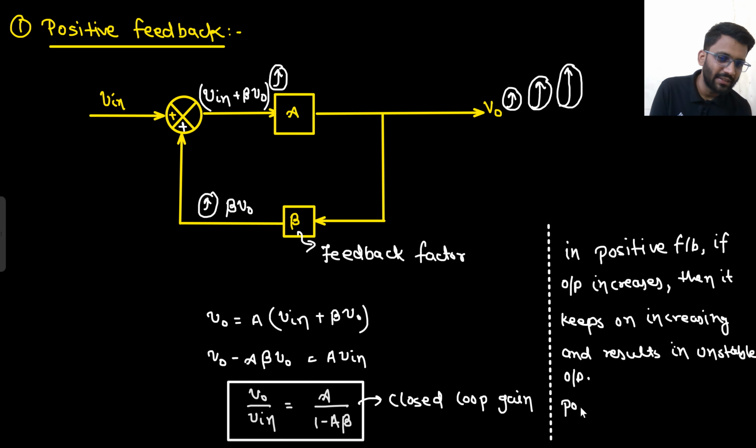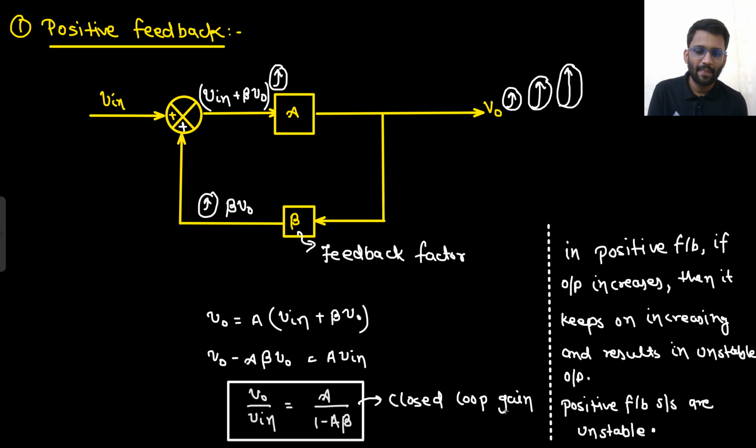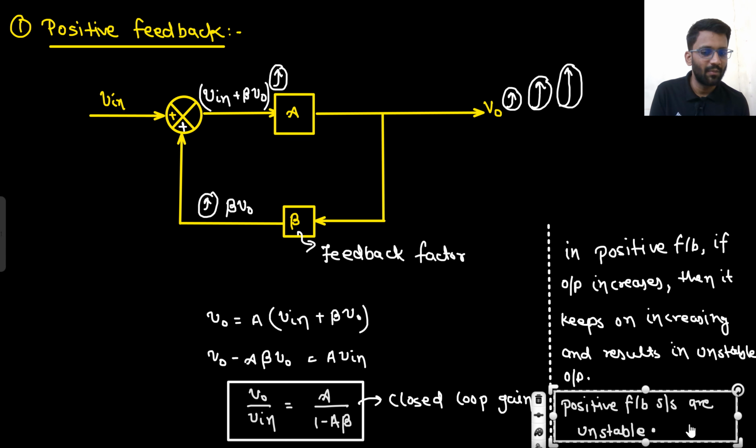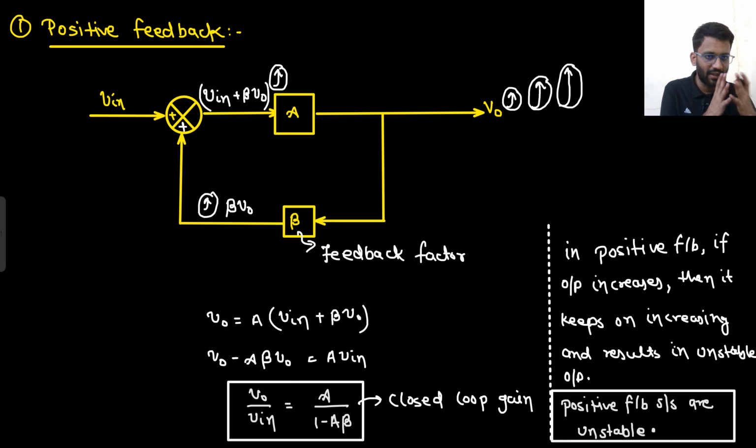So positive feedback systems are unstable. You will study feedback more deeply in control systems. When you study control systems, you will study more about that. But whatever is required for analog electronics, that I am going to teach here.